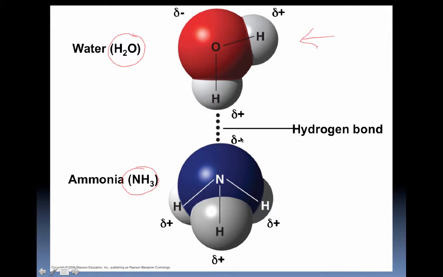So the nitrogen end has a partial negative, whereas the hydrogen end has a partial positive. This is another polar molecule. So water with this partial positive end will form a hydrogen bond with the partial negative end of this ammonia molecule. Hydrogen bonds are always noted with dotted lines. So if you ever see an illustration with dotted lines between atoms, you know you're looking at a hydrogen bond.